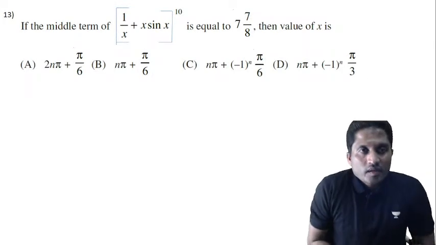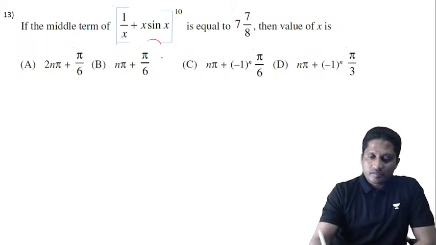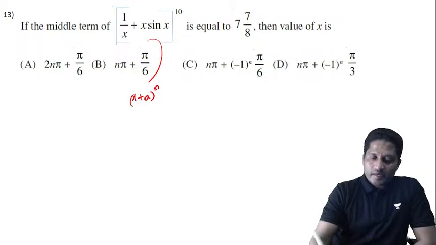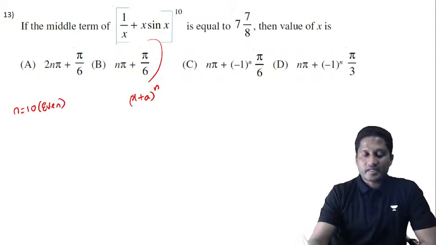Okay, question number 13. If the middle term in the expansion is 63 by 8, then what should be the value of x? This is of the form (x plus a) whole power n. Here n equal to 10, right? If it is whole power 10, you get 11 terms. Of 11 terms, the middle term is the 6th term only.